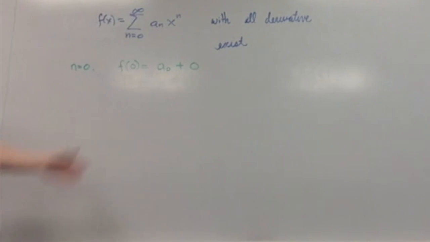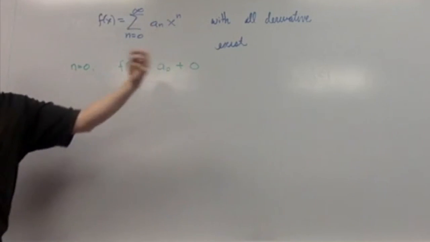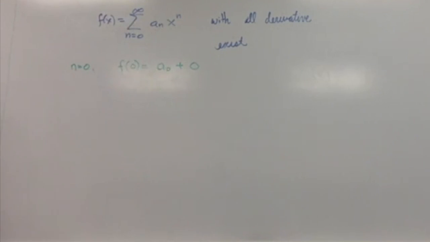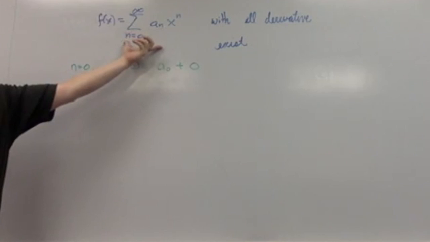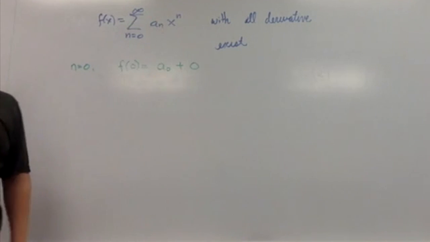But in this case, if I was expanding this out, what you would see is a0 plus a1x plus a2x squared, and so on. When you plug in 0, anything with an x attached to it would become 0. But there is one term that doesn't have an x attached to it, and that's when you have x to the 0 power.